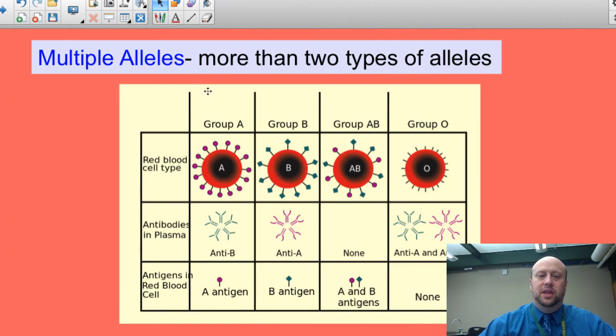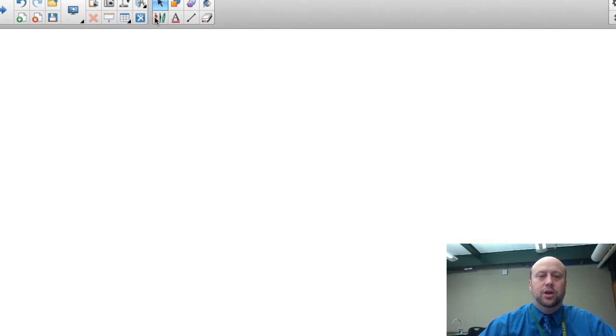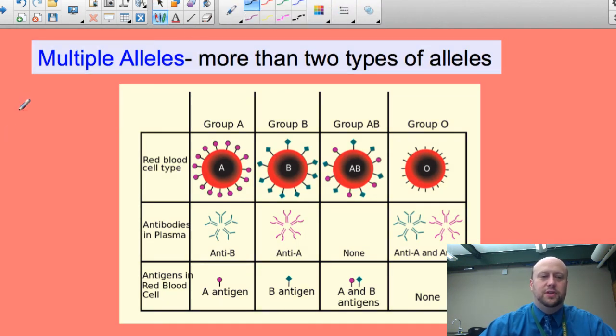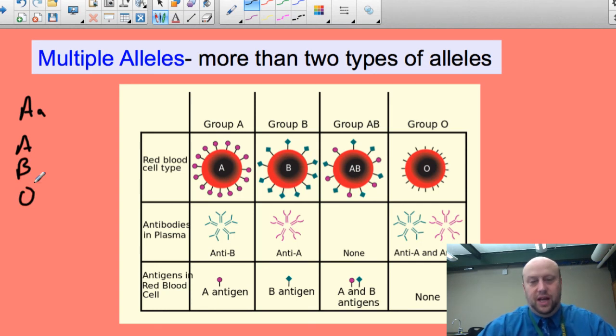Another example of something that was definitely beyond what Mendel did at the time is multiple alleles. Normally when we do our genetic stuff, we've got alleles, for instance, you might have an A and a little a. What happens in the case of something like blood types is that we've actually got an A and a B, and in fact an O, so you've got different alleles that are going to come in here. They're not the same thing, okay?